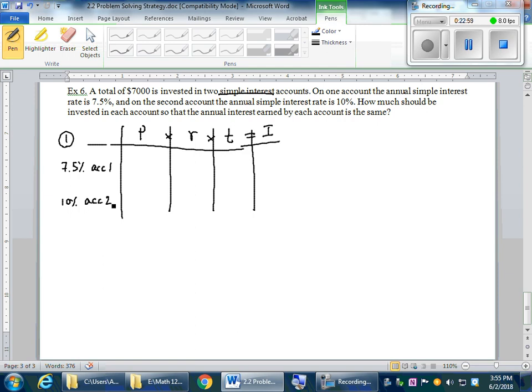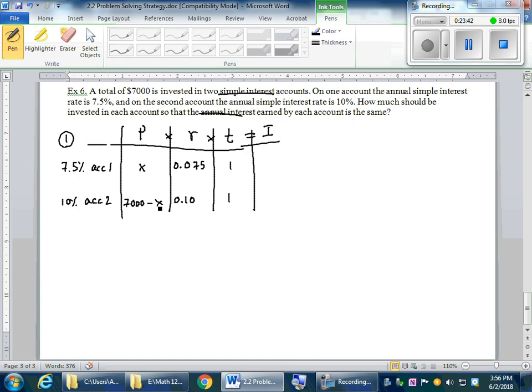The rate is 7.5%, so it'll be 0.075 for the first account. 10% on the second account, so it'll be 0.10. And again, we are interested in annual interest, so the time is 1 year each. Now, going back to principal, I have a total of 7,000. Like in the previous example, I can say that one account will be x amount that I invested, and the other account must be whatever is left over from the 7,000, so it will be 7,000 minus x.